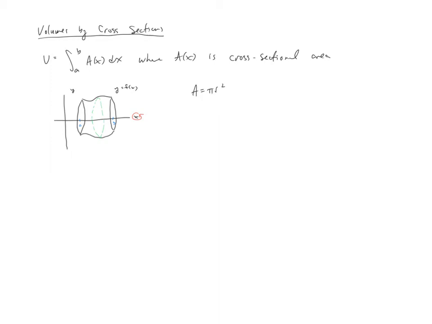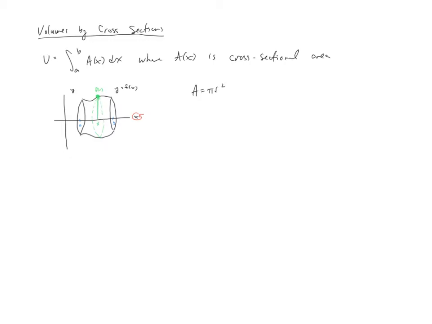Now, if we take a look at the radius of this green cross-section, this guy right here would be our radius. If this is an x value, then this value right here would be our f of x value. That piece right here is going to be our radius.